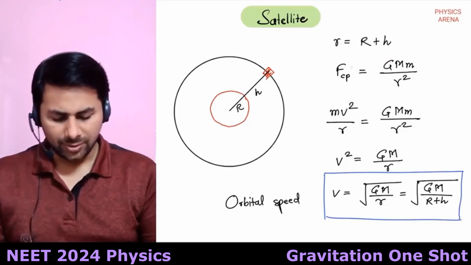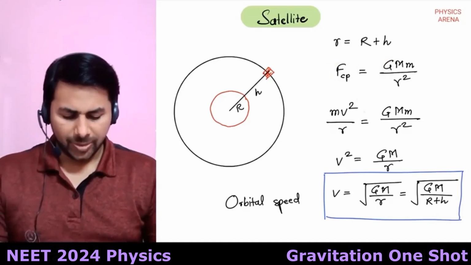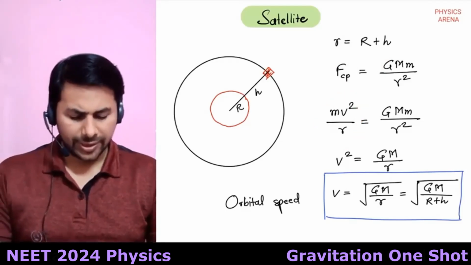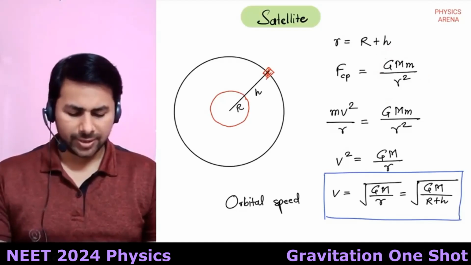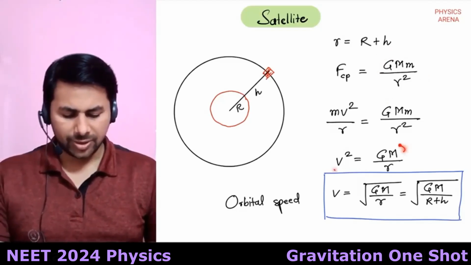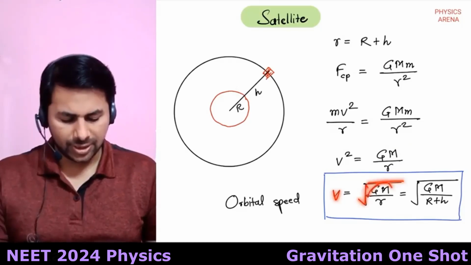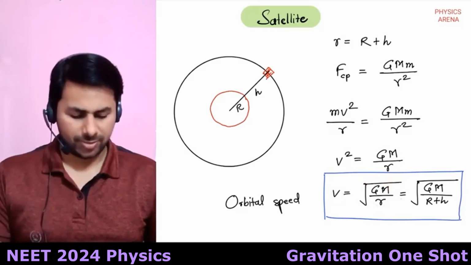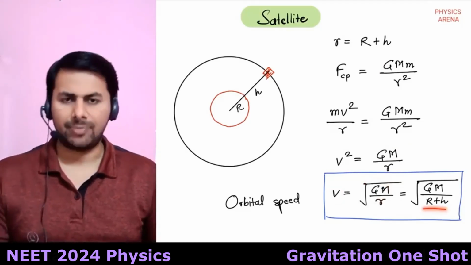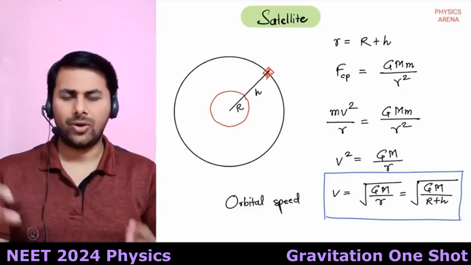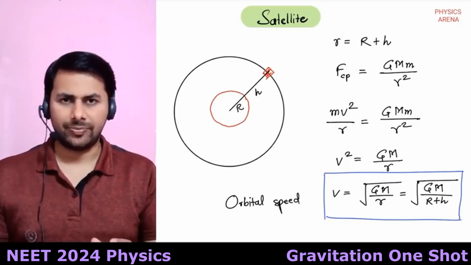Okay. So now if you put centripetal force equal to mv square upon r, and gravitational force is GMm upon r square, you get v square equals GM upon r, and therefore v is equal to root of GM upon r, small r, which is capital R plus h. So this is the formula for orbital speed of a satellite.